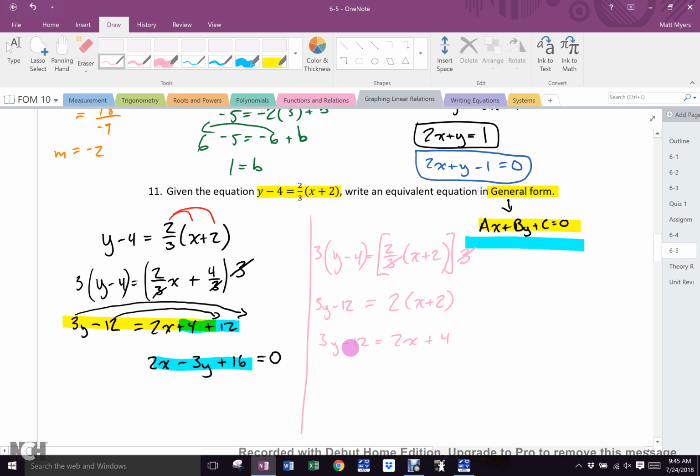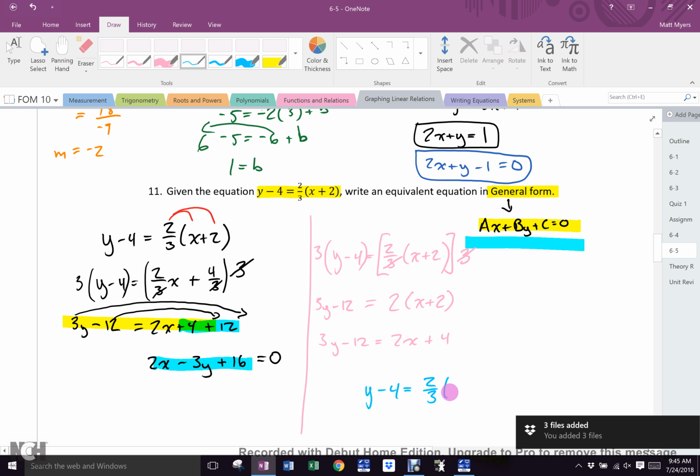And now we're in business. The reason I like this move is because what if you're doing math higher up and this number right here is a fraction? You picking up what I'm putting down? If I gave you this, y minus 4 equaled 2/3 x plus 1/7. Now distributing is a pain, isn't it?